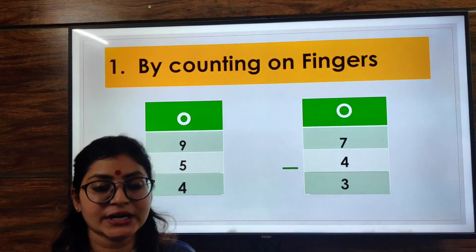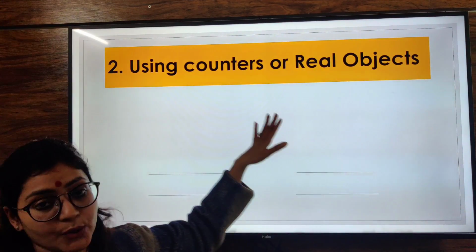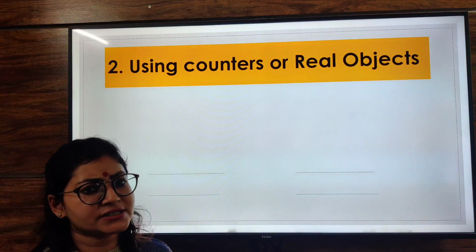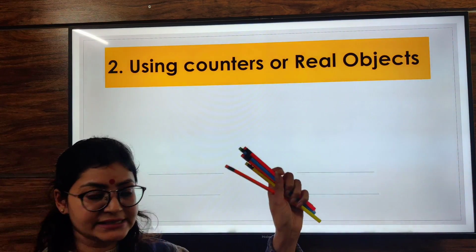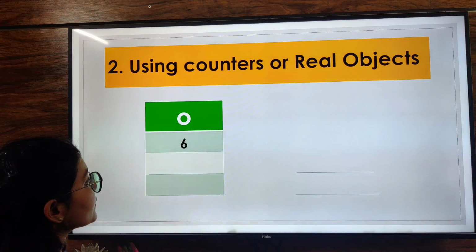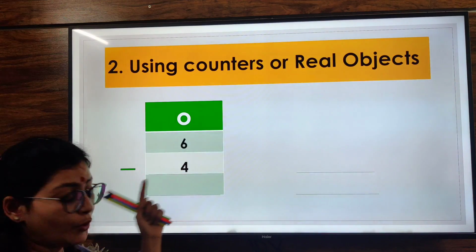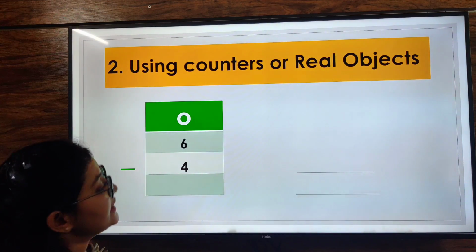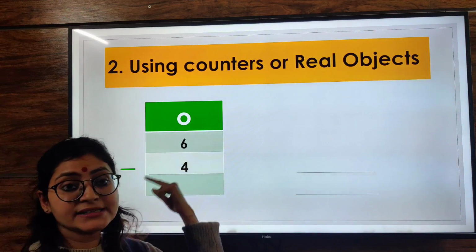Now, let's move on to the second method of doing subtraction, that is by using counters or real objects. You can take anything. I have taken some pencils here. My first question is 6 minus 4. As counters, I am taking these pencils. So, my first addend is 6.